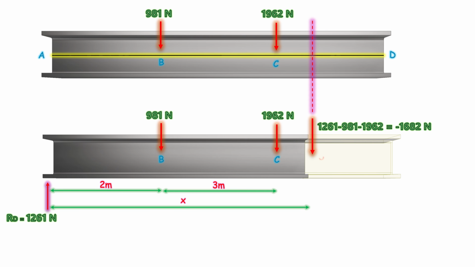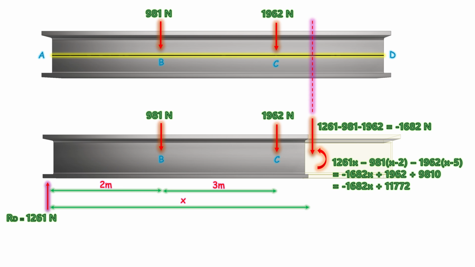And the bending moment can be calculated the same way as earlier, so it comes minus 1682 multiplied by x plus 11772. Further, we'll complete our shear force and bending moment diagram.